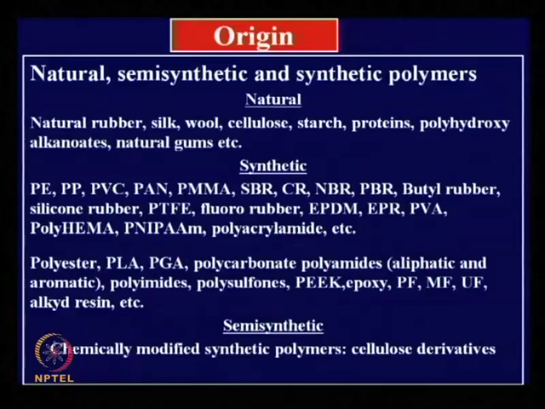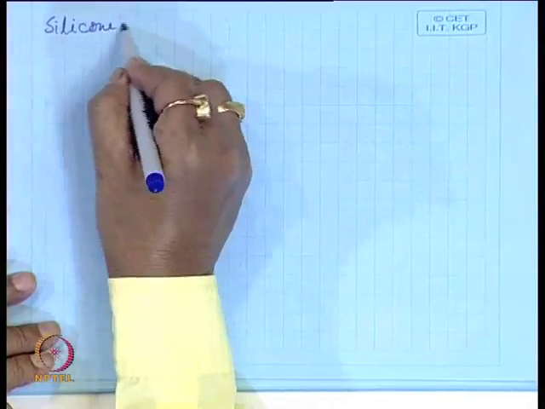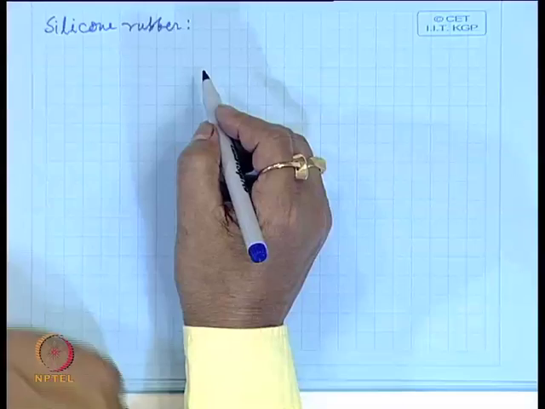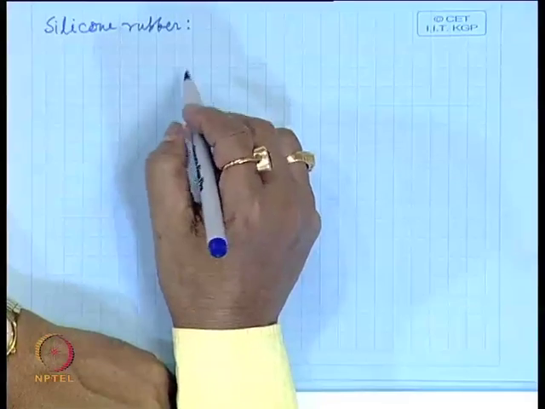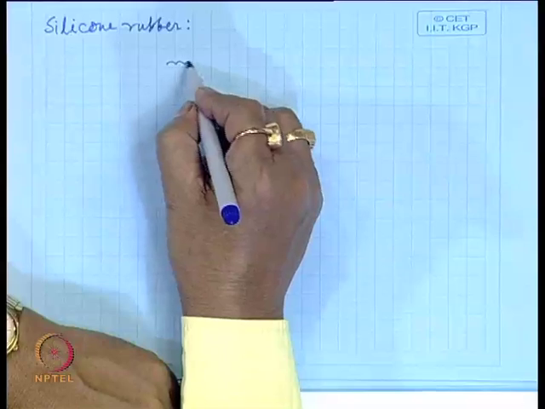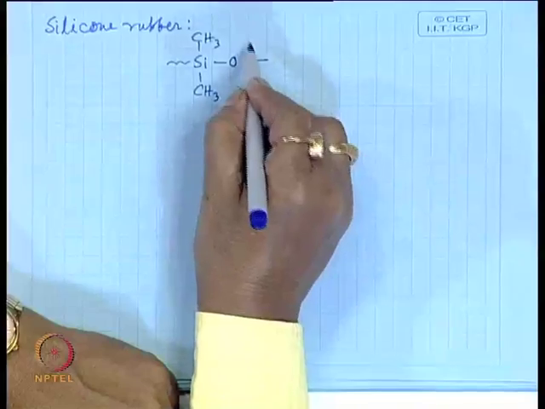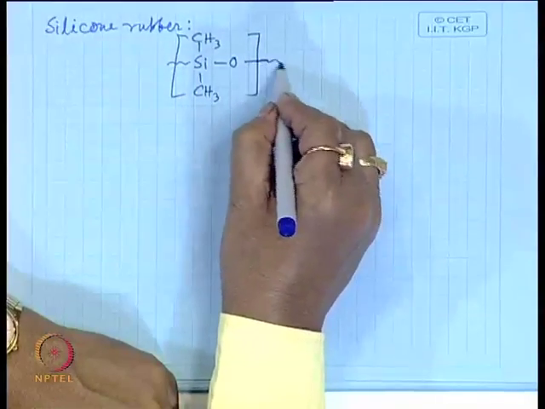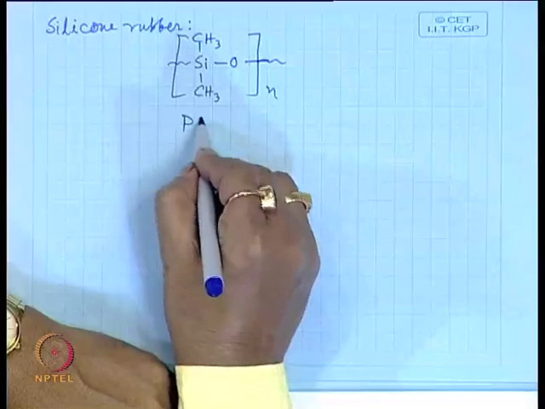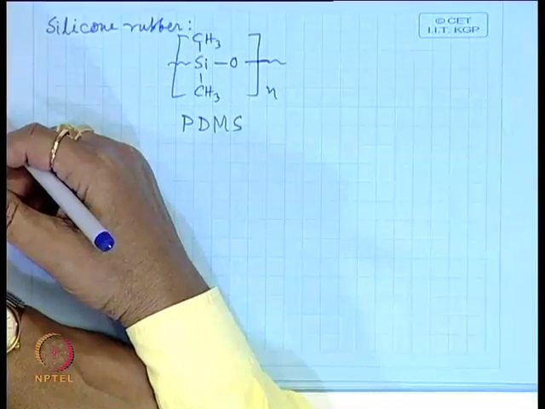Okay. Silicone rubber, polydimethyl siloxane. It is a heat resistant polymer, heat resistant rubber.